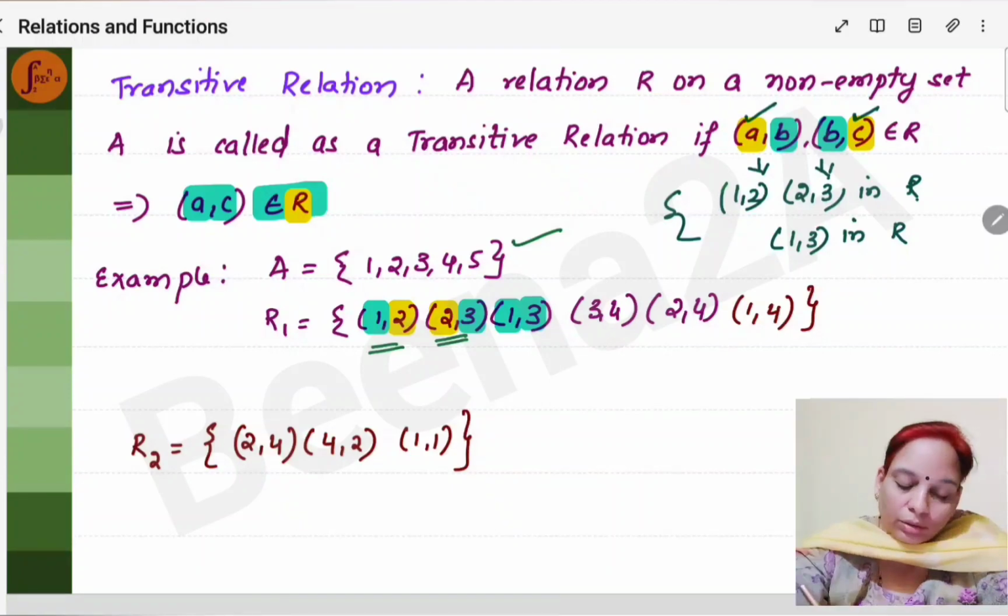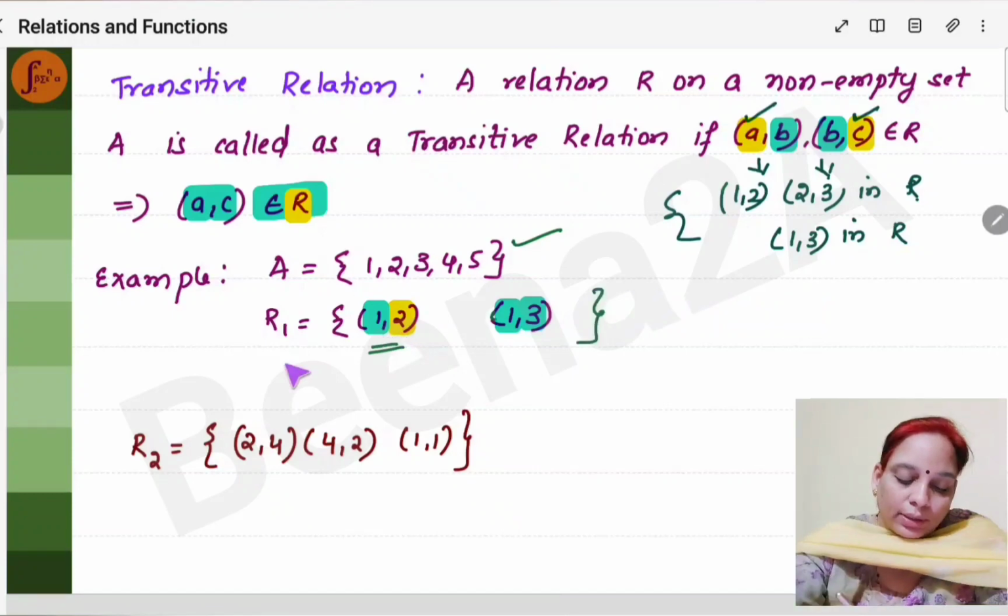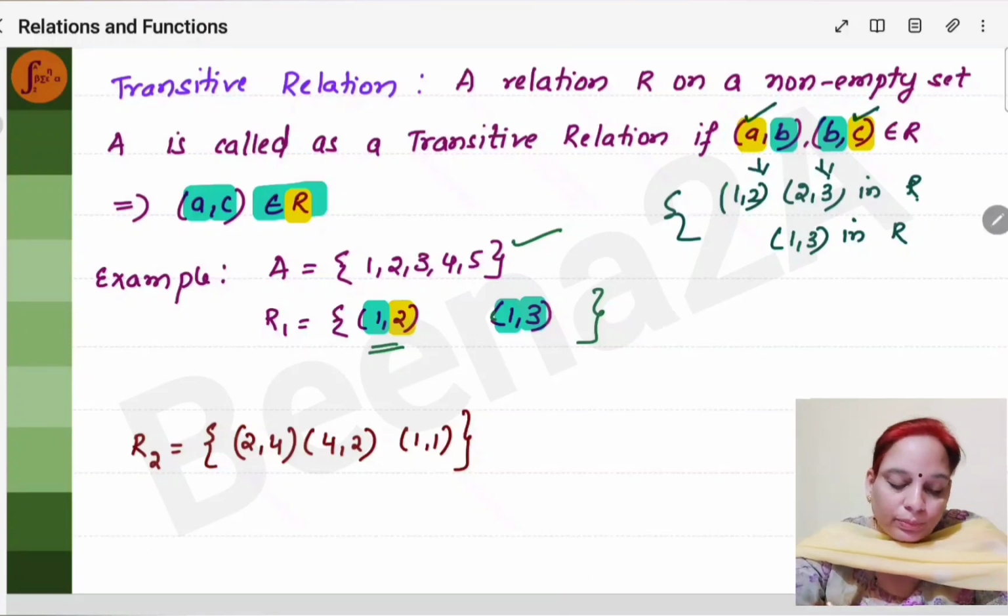Now there is also one more thing that we'll have to be careful about. Sometimes you have 1 comma 2 but you will not have 2 comma 3. Say for example, I'll modify this. I'll remove this. Now let this be the relation. I have only 2 ordered pairs, 1 comma 2 and 1 comma 3. Now would this be transitive or not? This would be transitive.